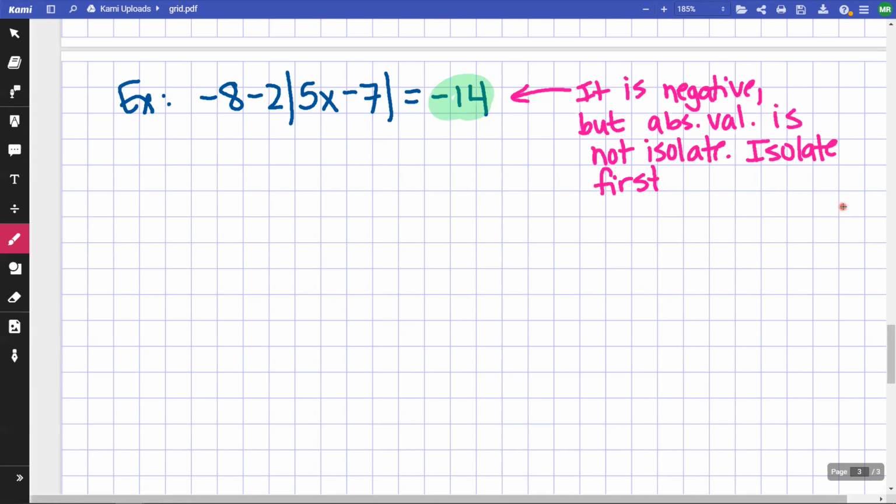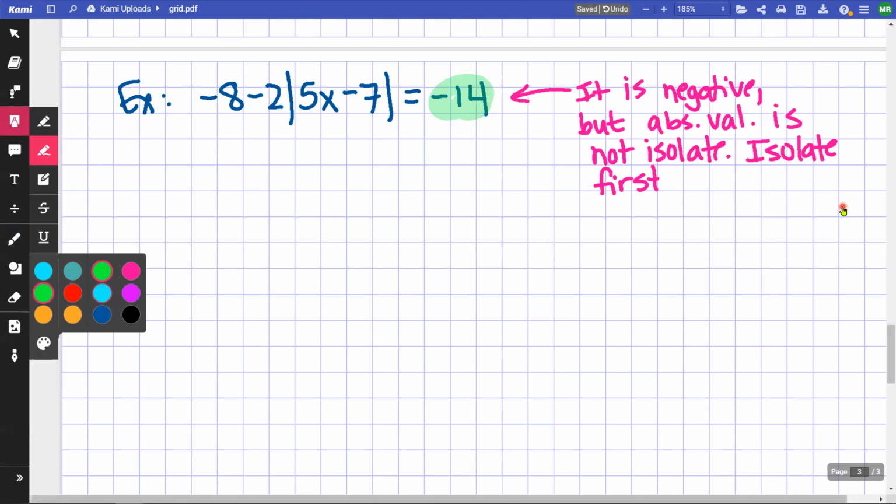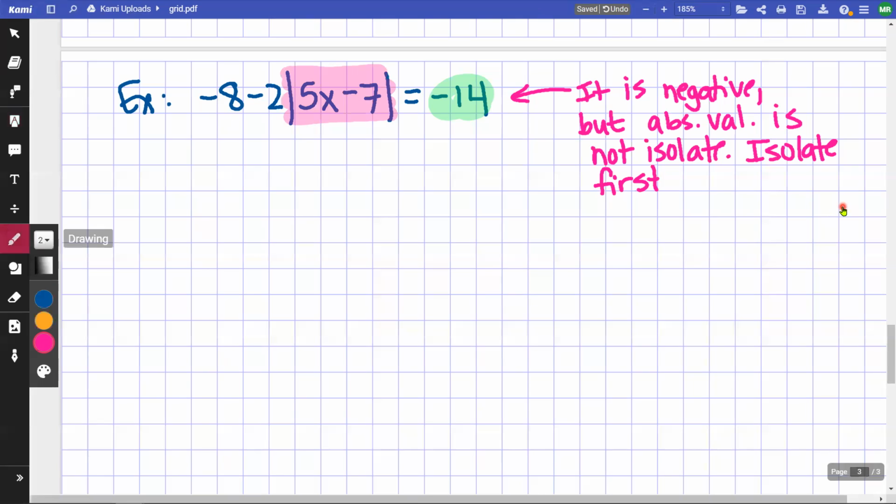When I say isolate, what I mean is I want to get this absolute value all by itself. So that means I don't want this -2 here, which is multiplying with it. And I don't want this -8 here, which is adding, subtracting. So the very first thing I'm going to do is let me just rewrite the problem here so we see it without all the highlights.